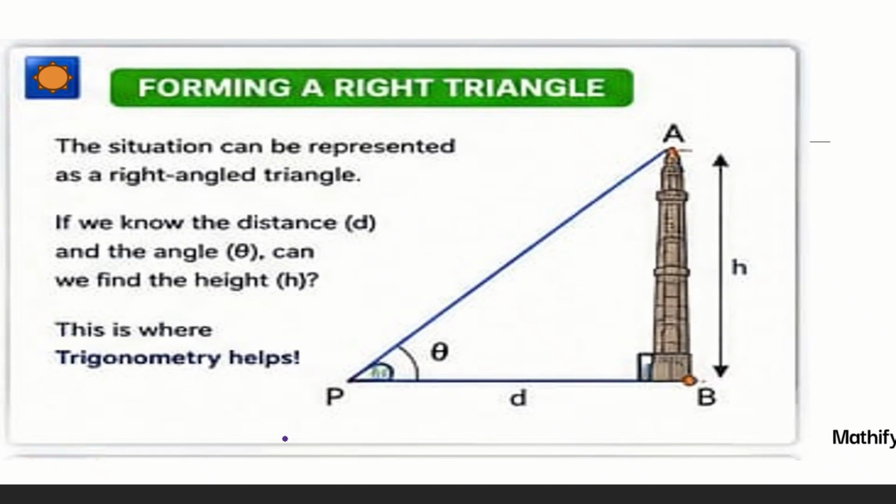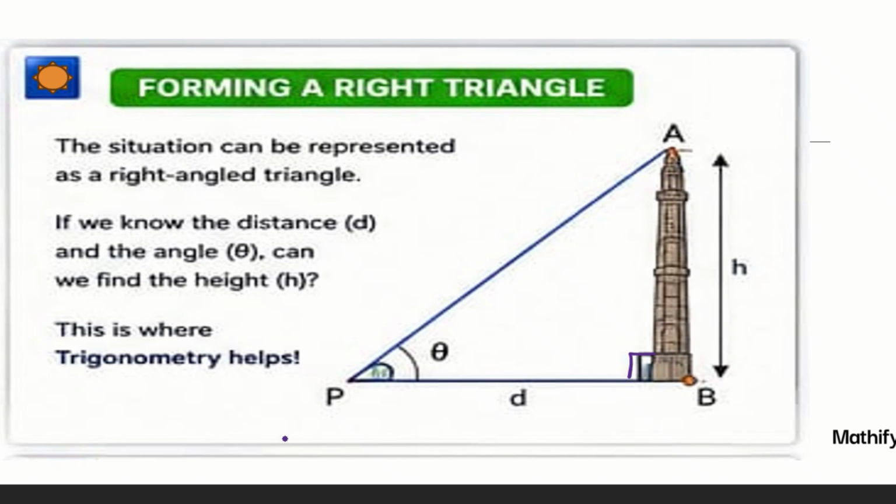The situation can be represented as a right angle triangle. You can see the Qutub Minar is forming a 90 degree angle with the base, with the distance between you and the Qutub Minar. So this is forming a right angle triangle APB.